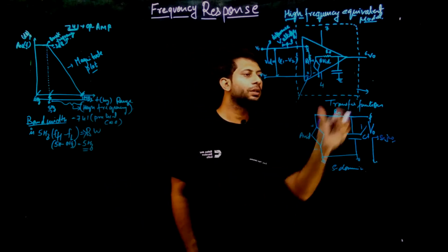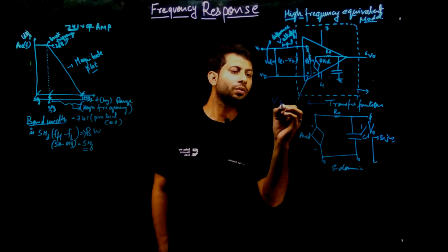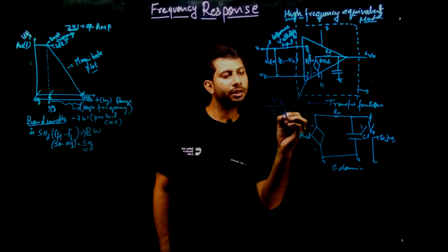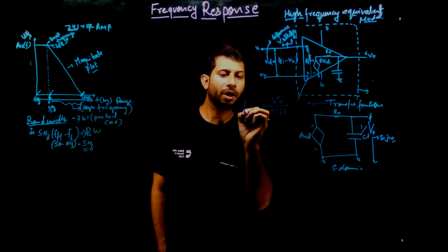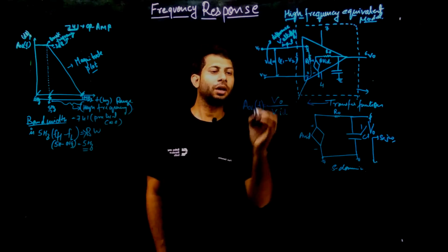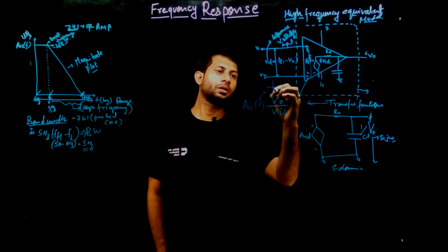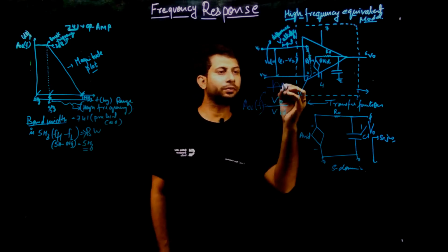We have to find the transfer function of this system. What is this transfer function? V out over V input, or VID in this case. It is supposed to be dependent on the gain A OL, which is dependent on frequency, and which is given by the input signal between these two terminals.